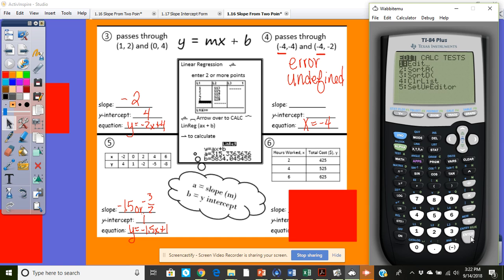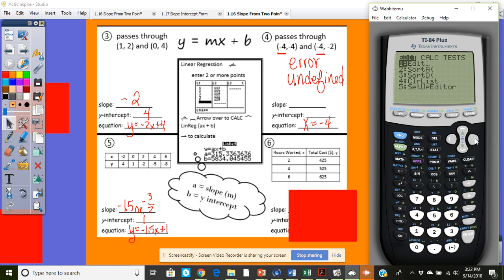So Stat. All right, so our x's here are 2, 4, and 6. And then we have 425, 525, and 625 for our y's.